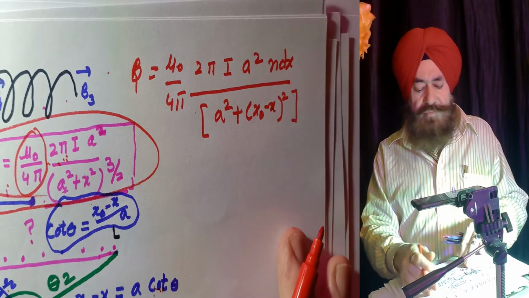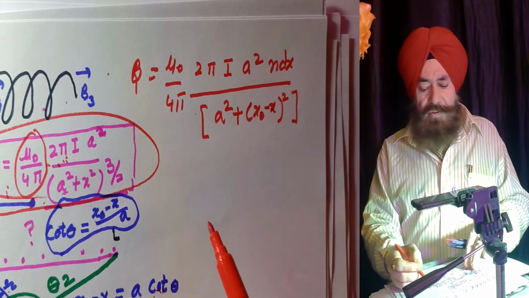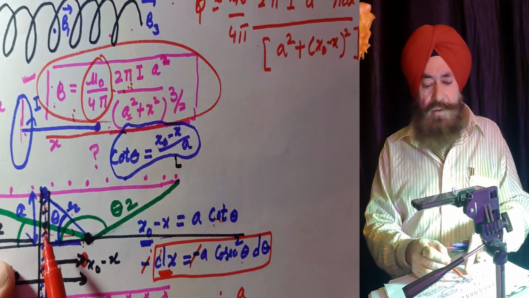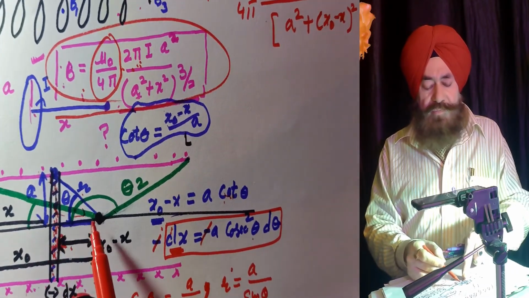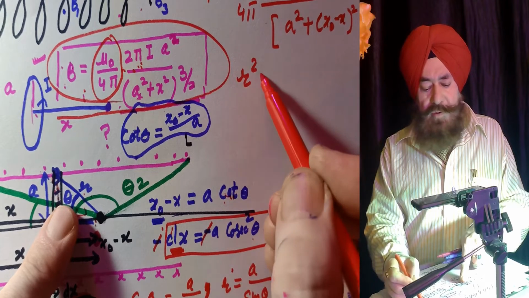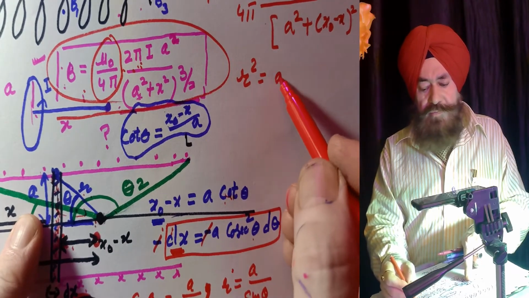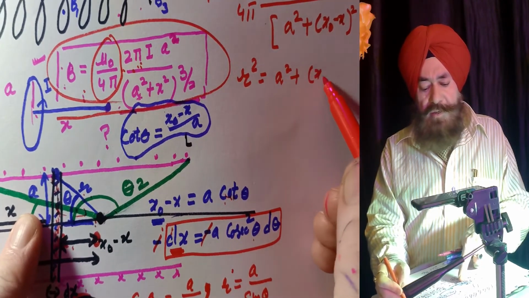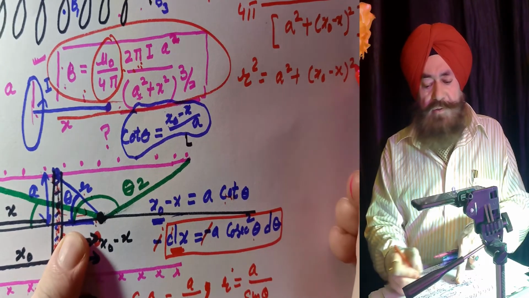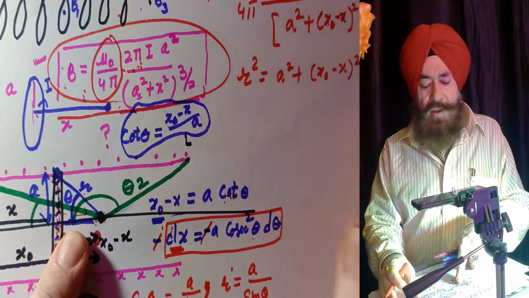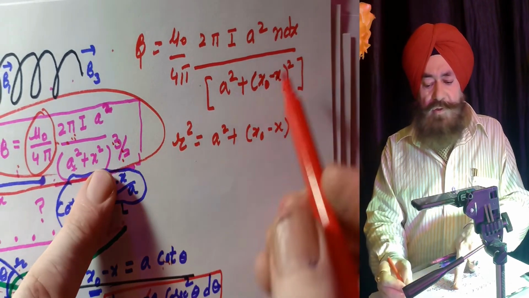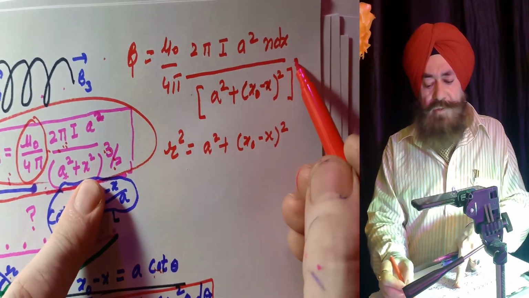Now you know, using the Pythagoras theorem, r square equals a square plus x naught minus x whole square. And here it is raised to power 3 by 2. So 3 by 2 comes here.